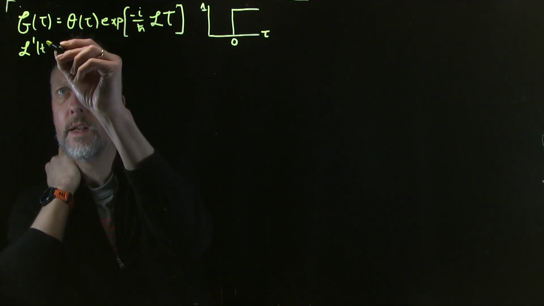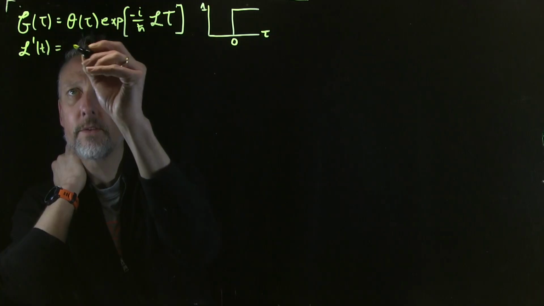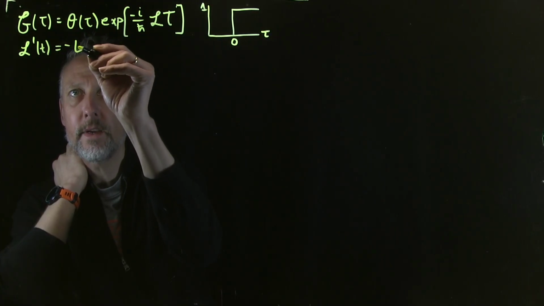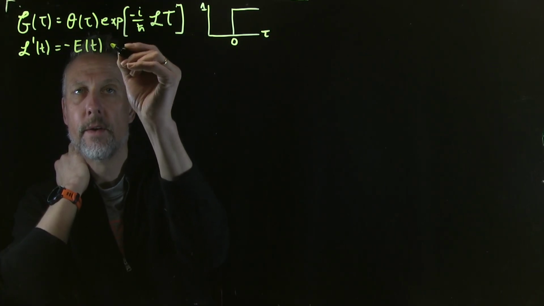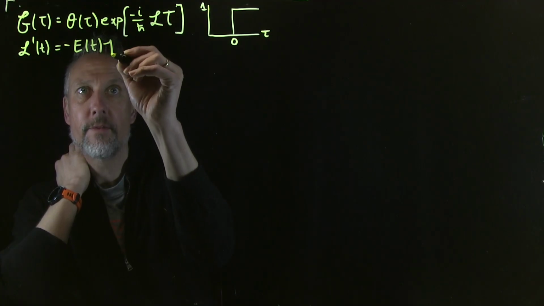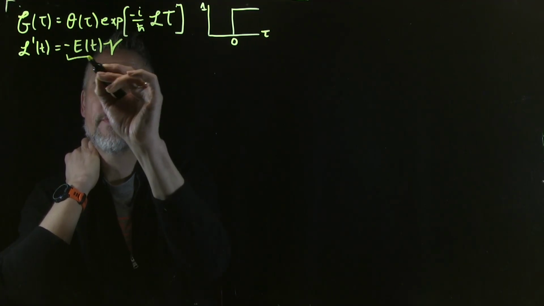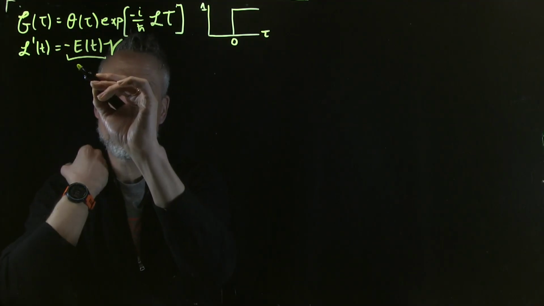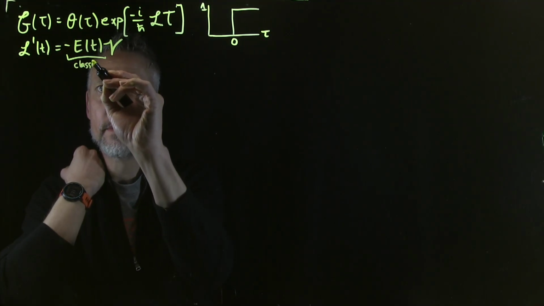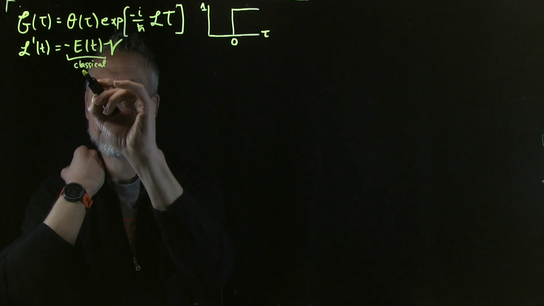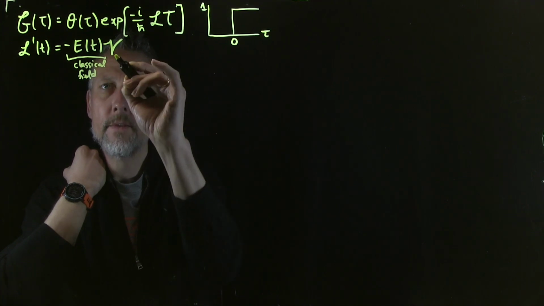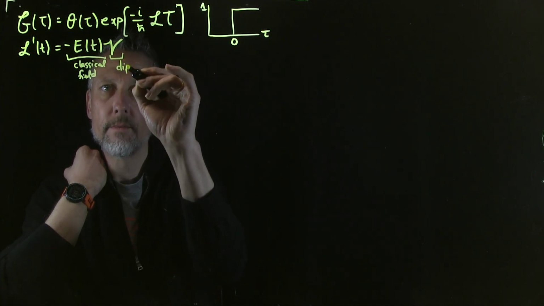So the interaction part of the Hamiltonian is going to be minus E of t times this V operator, right? Now this is nothing other than a classical field. And this is the dipole operator.